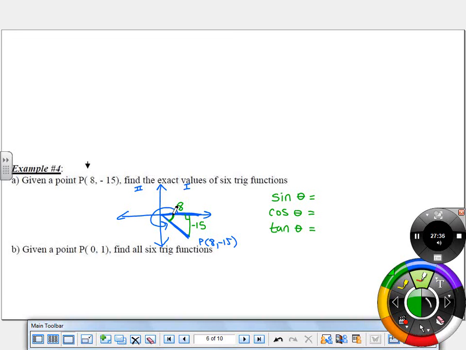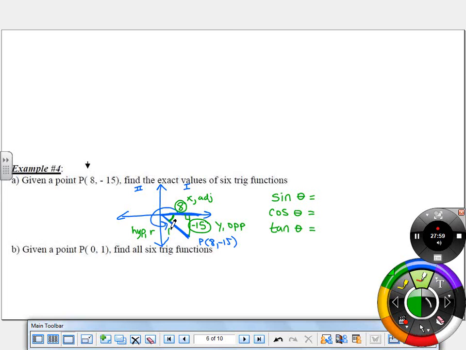And this 8 is the x-coordinate, but it's also the adjacent side to that angle. The negative 15 is the y-coordinate, but it's also the opposite side. And the hypotenuse over here, remember, is also the radius. And what is the length of the hypotenuse if you know the other two side lengths are 8 and 15? 17.